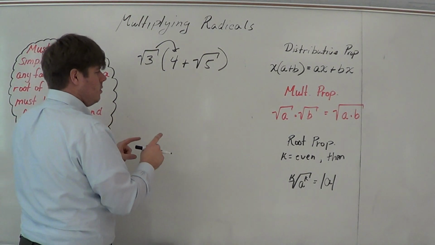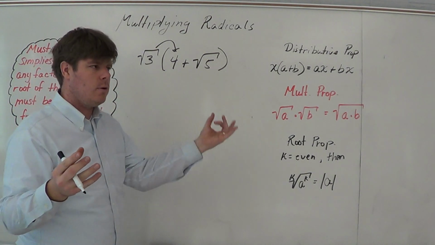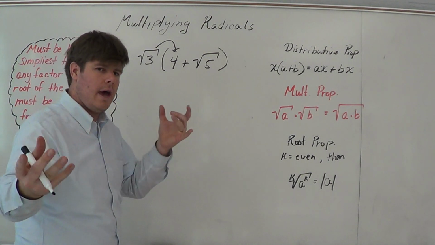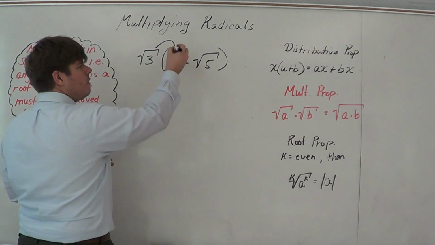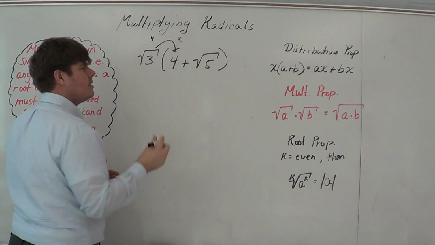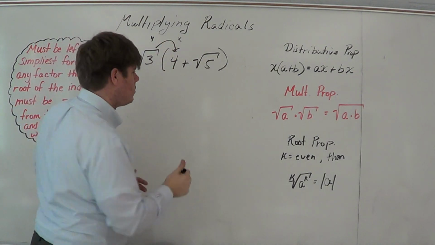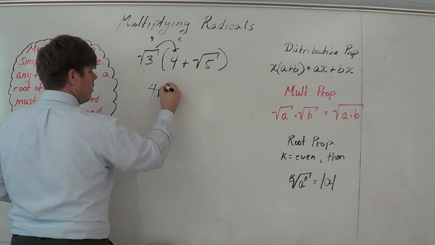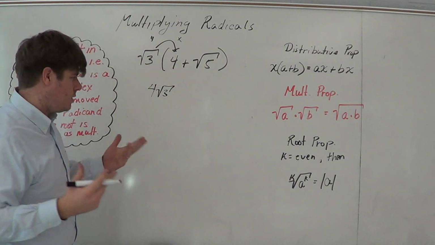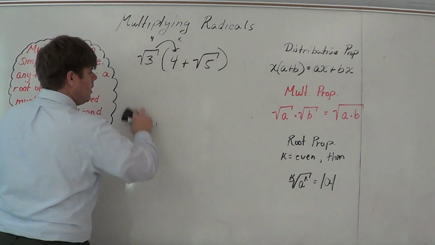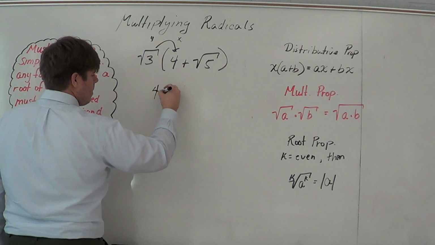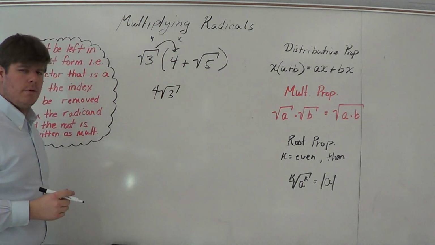But I can think of this like an x times a y, and what's x times y? It's xy. So this is going to be 4 root 3. I hope you understand what I mean by that. Let me write that a little bit cleaner. So we get 4 root 3.